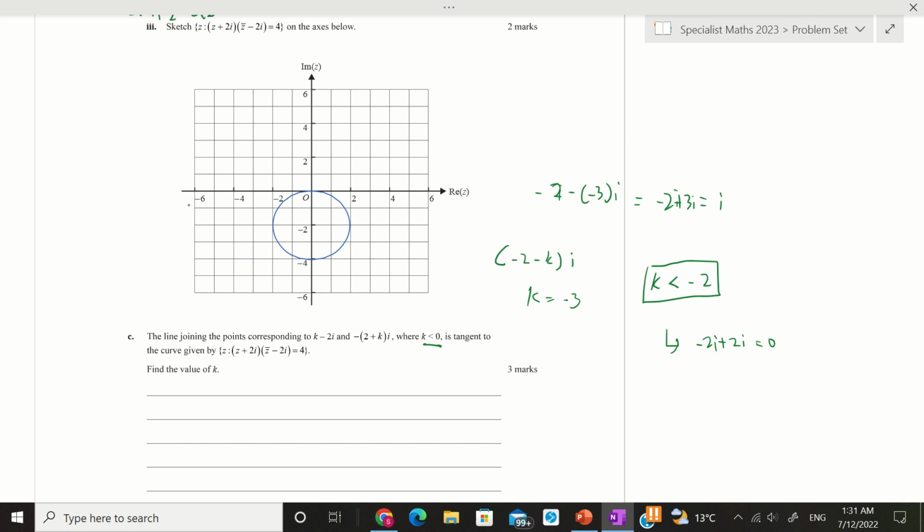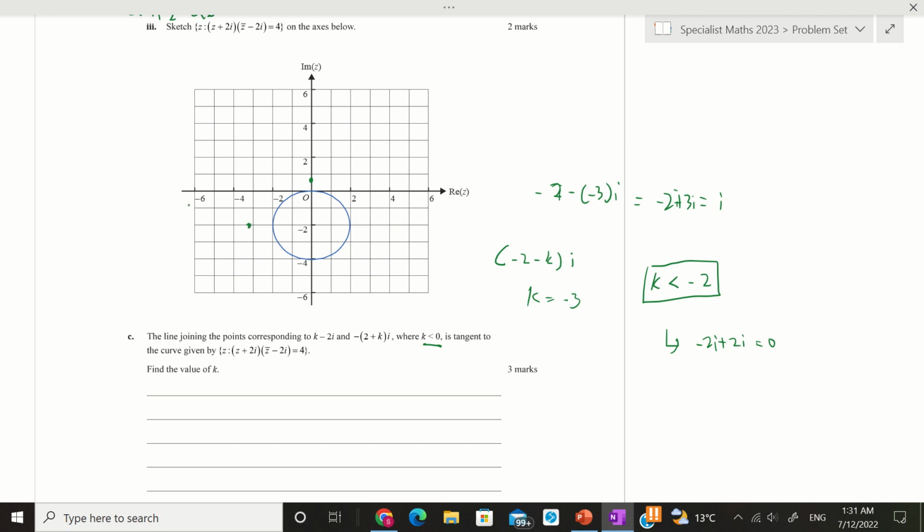Anyways, we'll place the point somewhere here. The next thing we can do is plot this point, k minus 2i. So minus 2i is down here, and k should be somewhere around here, so you can place it somewhere there.